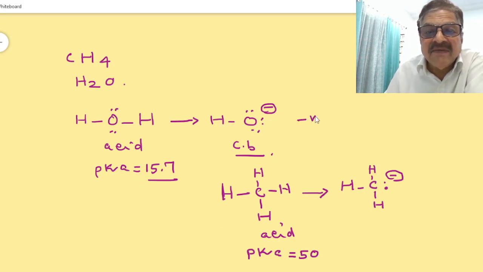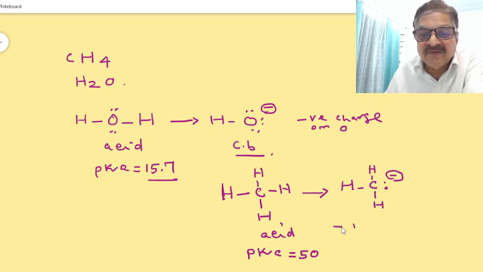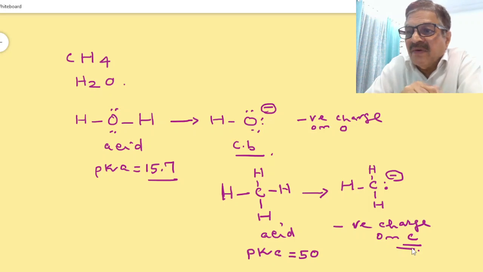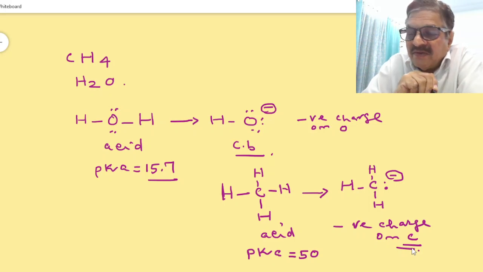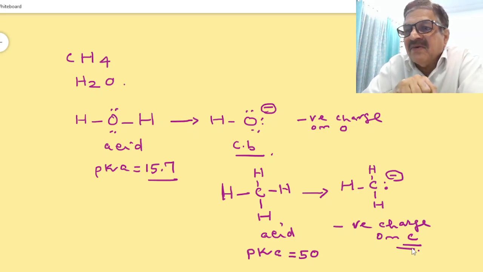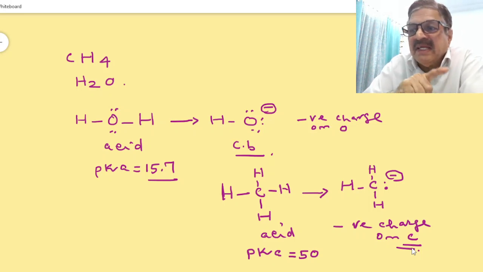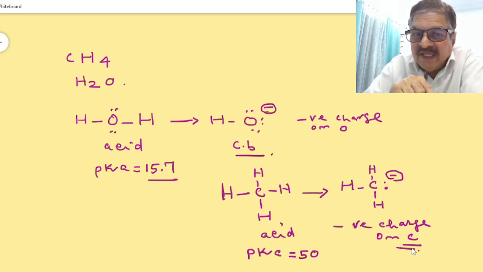Here negative charge on oxygen, and here negative charge on carbon. This is the difference, because the oxygen atom is much more electronegative than carbon. So oxygen will more readily accept a negative charge, making OH minus much more stable.